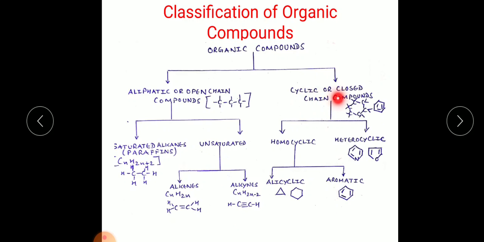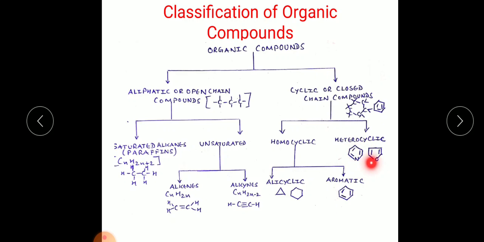Cyclic or closed chain compounds are first classified into two types: homocyclic and heterocyclic. Homocyclic means that in the closed ring all the atoms are the same, that is, only carbon. Whereas in heterocyclic compounds, we have one atom different from carbon, for example nitrogen or oxygen.